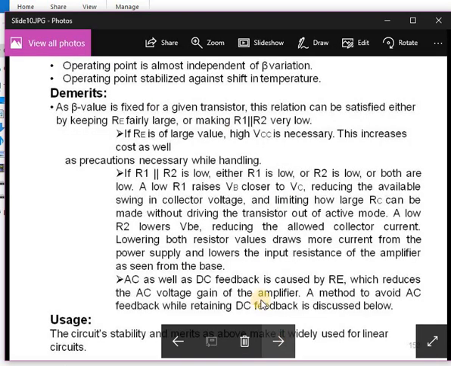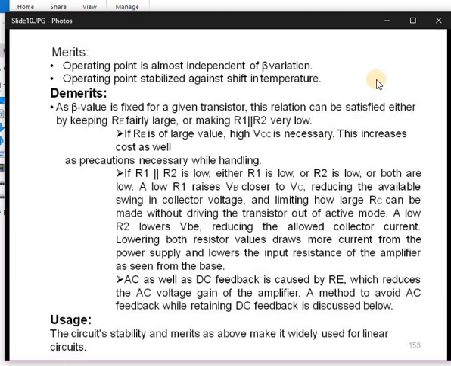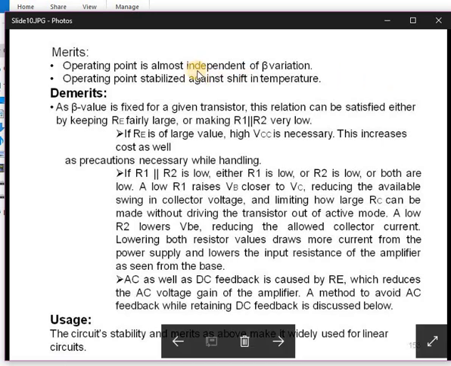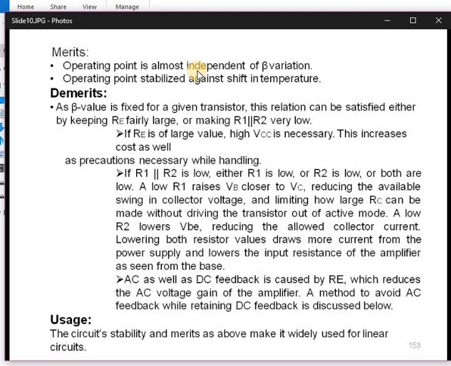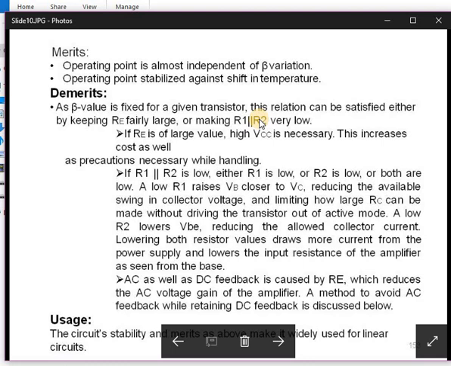Next, go for the merits and demerits along with their usage. Merits: the operating point is almost independent of beta variation, and the operating point is stabilized against shift in temperature.